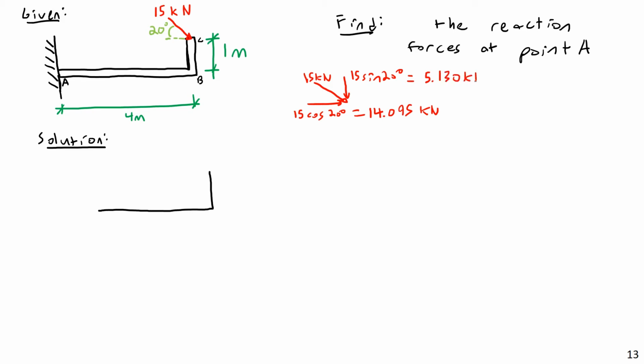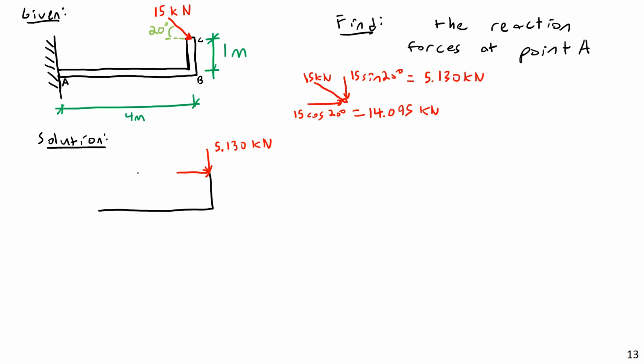5.130 kilonewtons. And on my free body diagram, you don't need to do this, but I know I'm going to have to break this up into components anyway, so I figure why not? I'll just break it into components now. So 5.130 kilonewtons in the vertical. I'll just analyze it as if it was 2 independent forces.